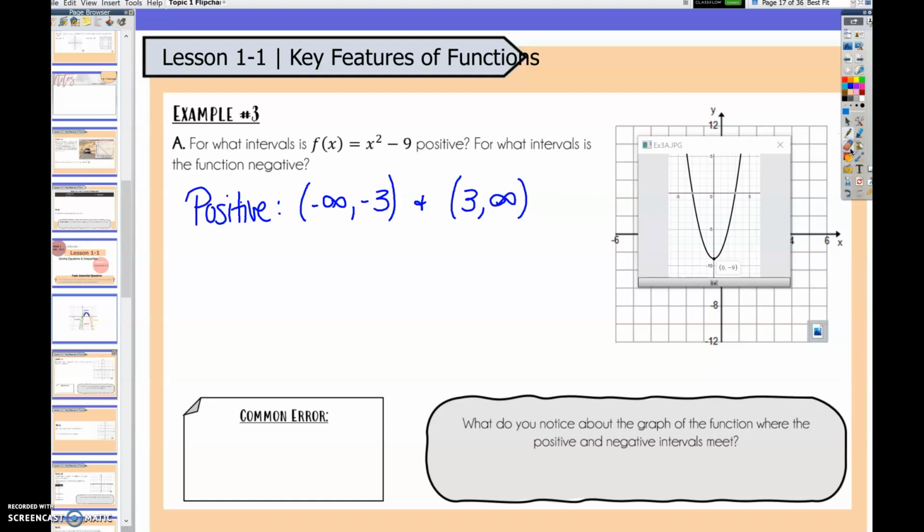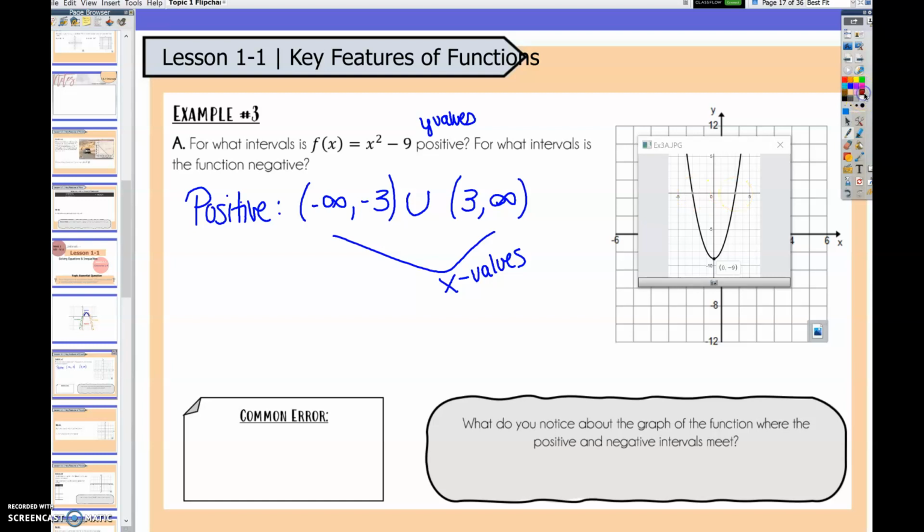Sometimes these two sets can be held together by what we call the union symbol, so you may see a U in there as well. Notice how I used x values. So this is referring to the x values of the function for when the y values are positive. That's why I used negative 3 and positive 3 as my cutoffs.